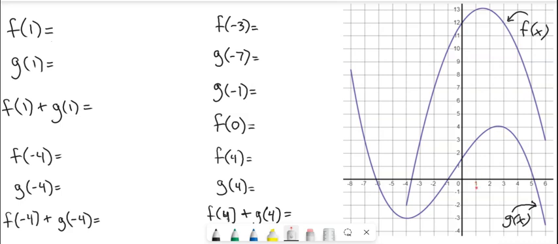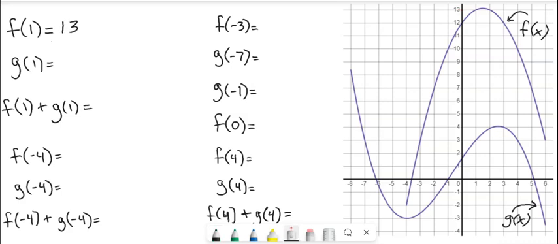We go all the way up, and here's the f curve. This is our point, and the height of that is 13. So f of 1 is equal to 13.